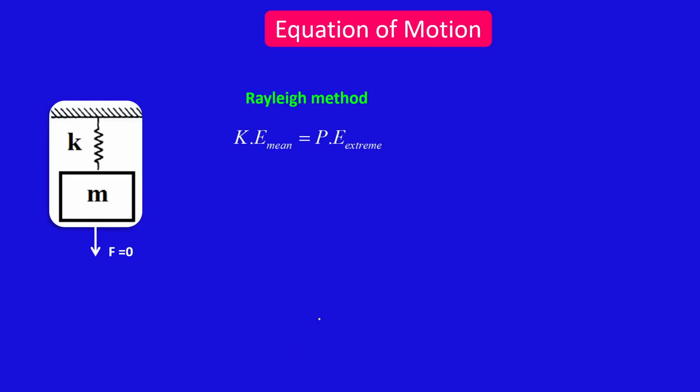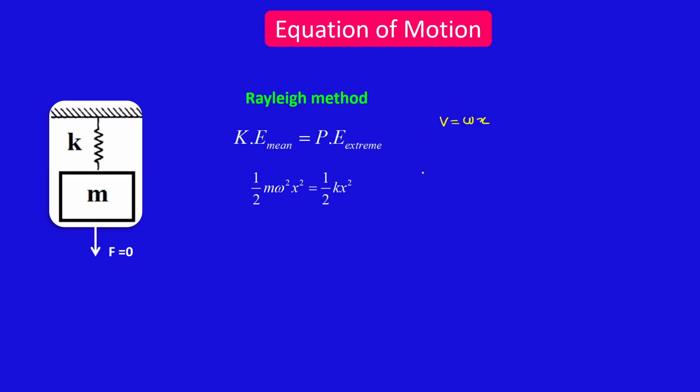It says that total kinetic energy equal to total potential energy. I mean, maximum kinetic energy equal to maximum potential energy. What is kinetic energy? Half mv squared. Again, v is equal to omega into x. So, half m omega squared x squared.